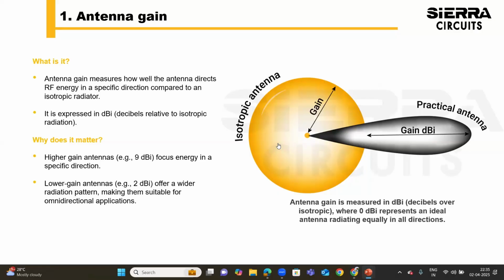It's expressed in decibels relative to isotropic radiation. Higher gain antennas focus energy in a specific direction, hence increasing the range, but it reduces the coverage in other areas. And lower gain antennas offer a wider radiation pattern, and hence they are suitable for omnidirectional applications.